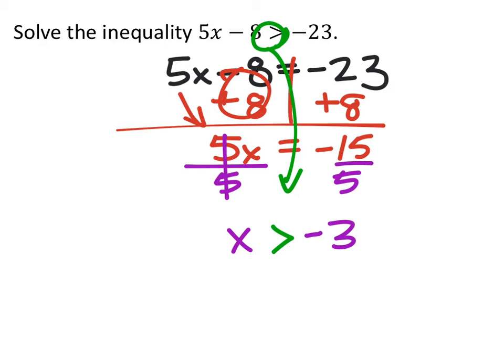Which means if I checked on the other side of negative 3, such as negative 3.0000001, it would remain false. Because again, I need a value of x that's greater than negative 3.